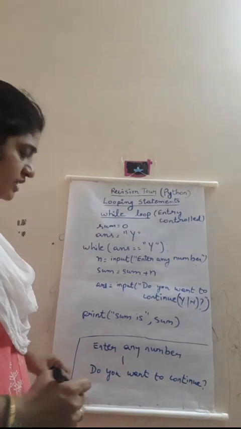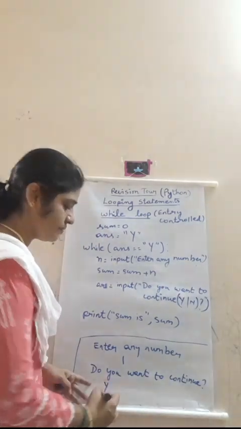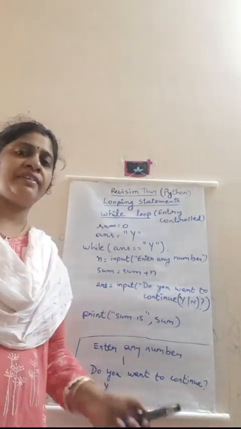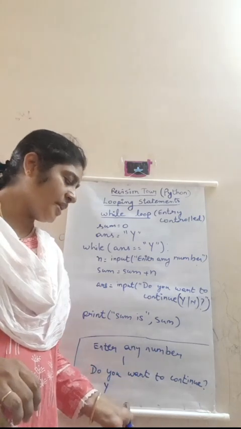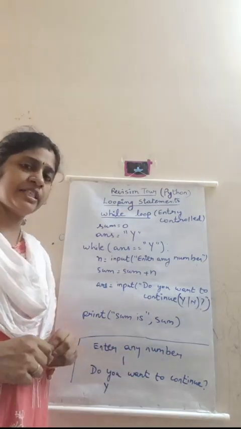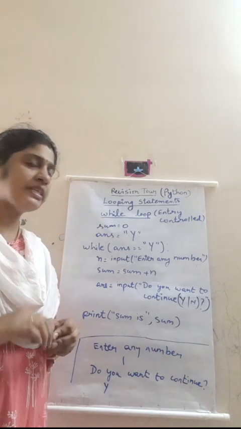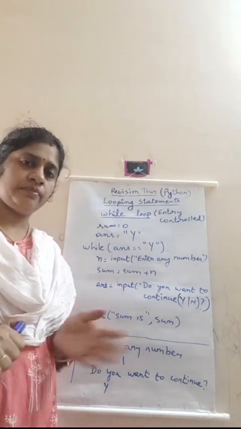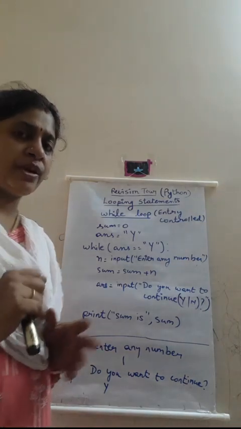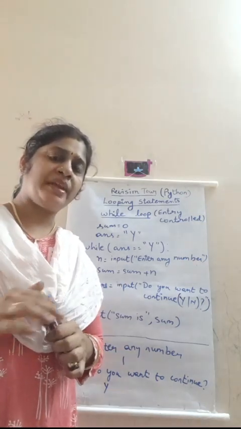And if you say yes, again it will ask enter any number, and that it will add to the sum. If you say no, it will come out of the loop and it will display the sum. So this is how the while loop runs, and it is preferred when you're not sure about how many times the loop has to run.